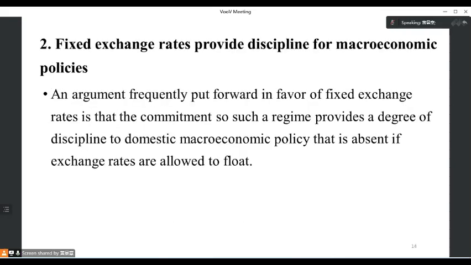Let's go on. 2. Fixed exchange rate provides discipline for macroeconomic policies.